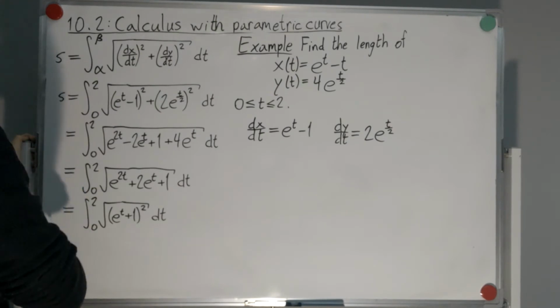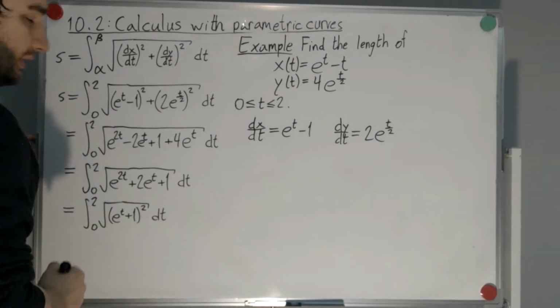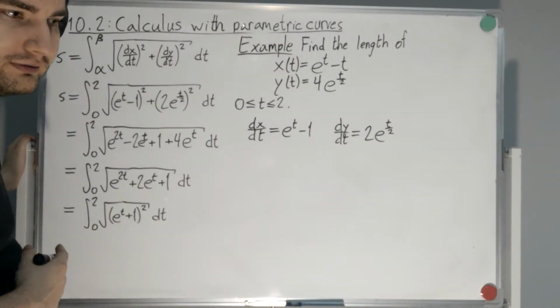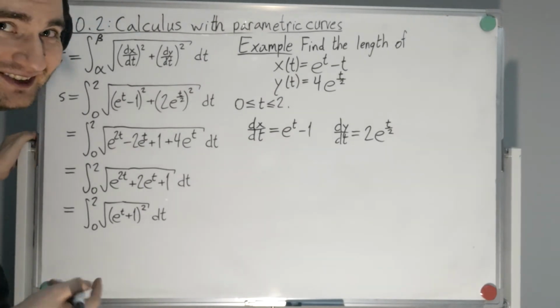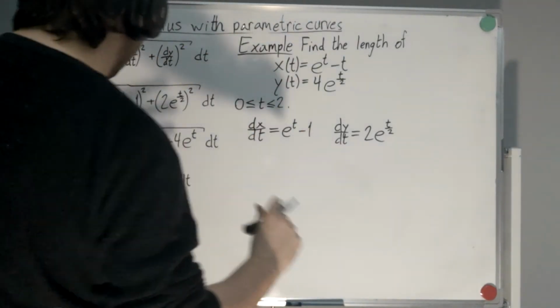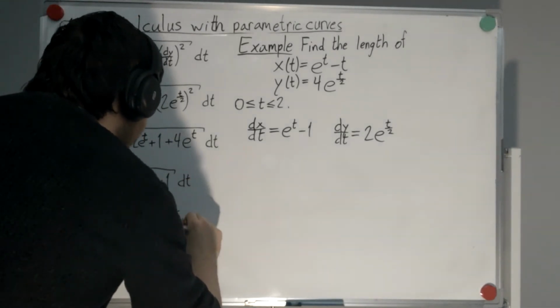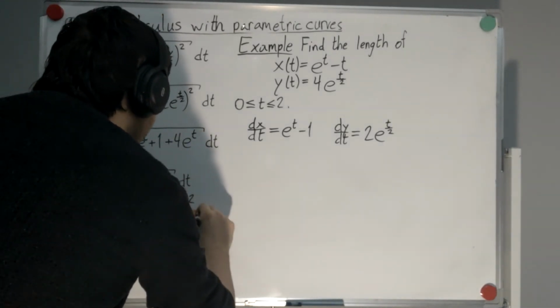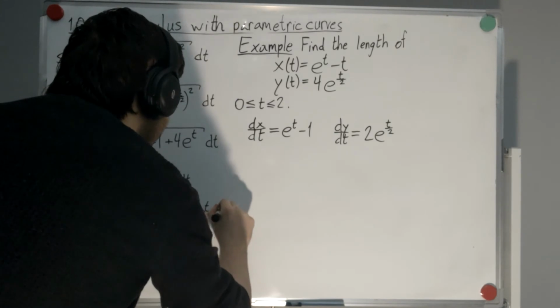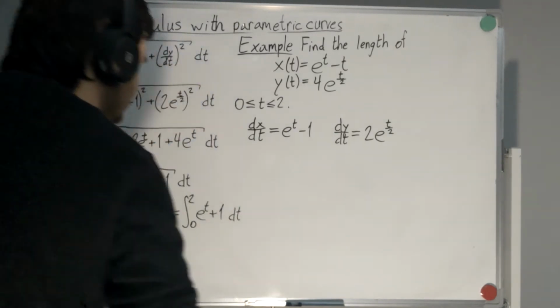And then it so happens that from 0 to 2, e to the t plus 1 is positive. Actually, it's always positive, so I guess it doesn't matter much. In any case, we don't need to worry about absolute values, so then this just becomes the integral from 0 to 2 of e to the t plus 1 dt.